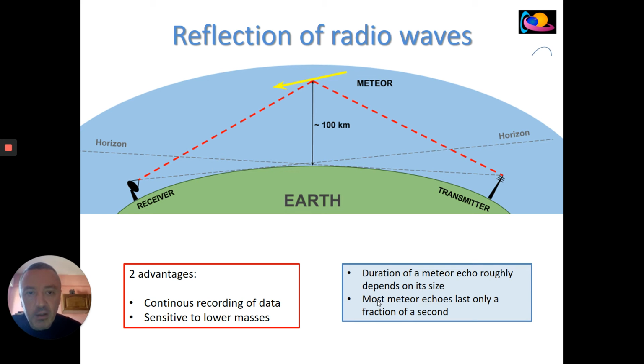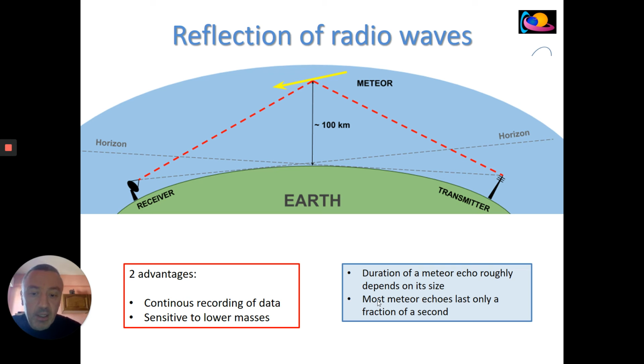So because of this, you have a limited time of observations with optical observations that you don't have with radio observations, because with radio observation, you can send a wave during the day. Meteoroids fall into the atmosphere also during the day, and they will also create ionization that can reflect your radio wave. So you can do these observations 24 hours a day. Also, clouds don't affect the radio wave either. So you can really do these observations 24 hours a day.